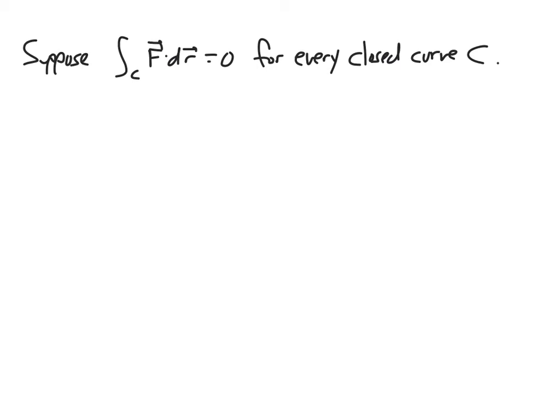And so what we need to show path independence is we need to start with two paths that start and end at the same points. All right, so let's do that.